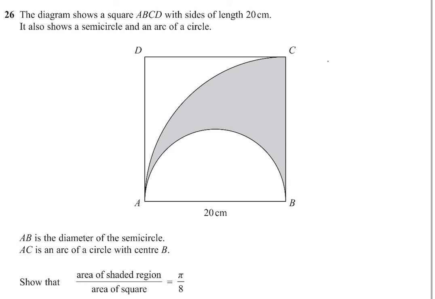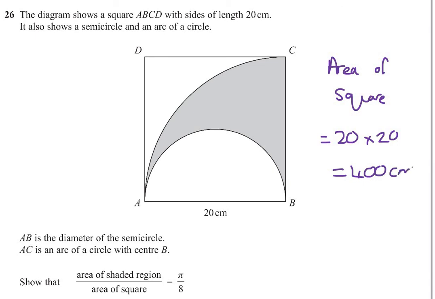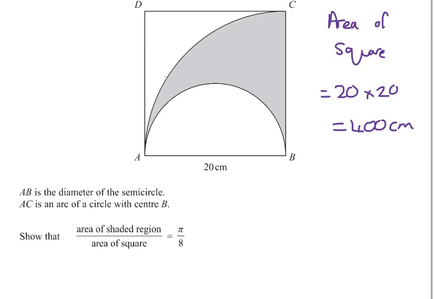So we can start really easily with the area of the square. So the side lengths are 20, so it's just 20 times 20, which equals 400 centimeters. Right, one thing to notice about the shaded region is that it's a quarter of a circle. And the radius is 20.